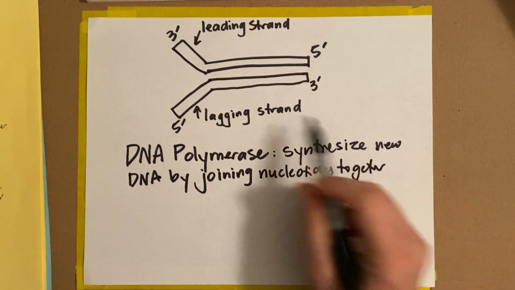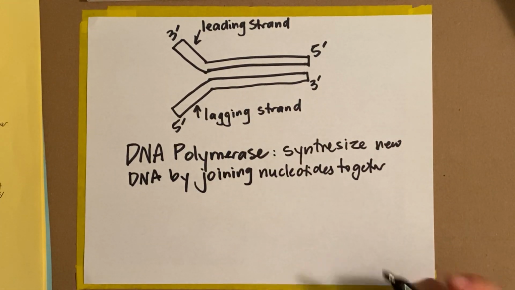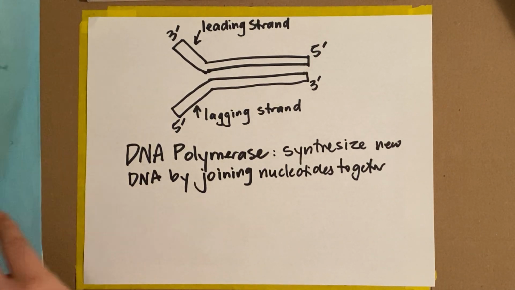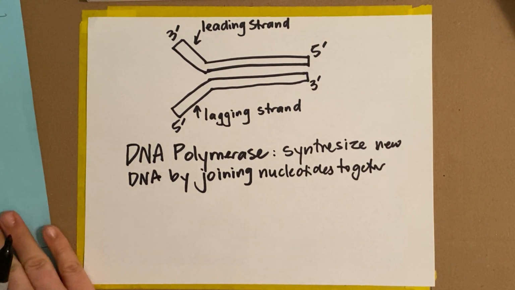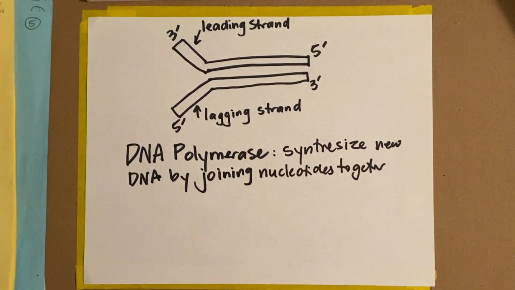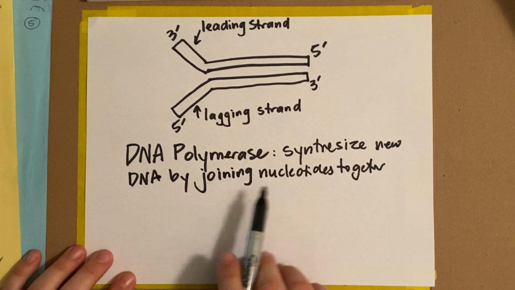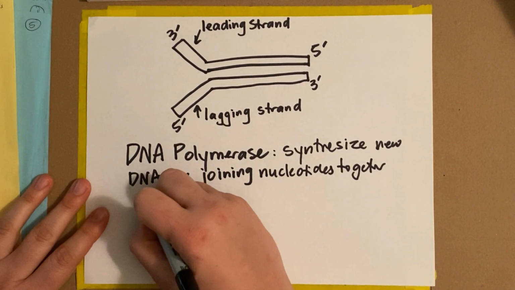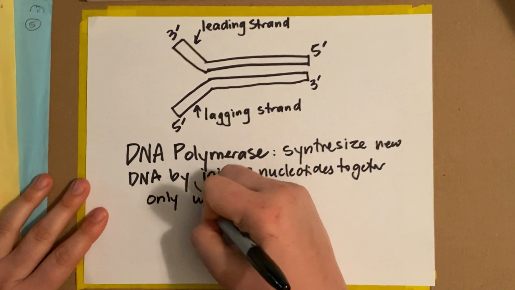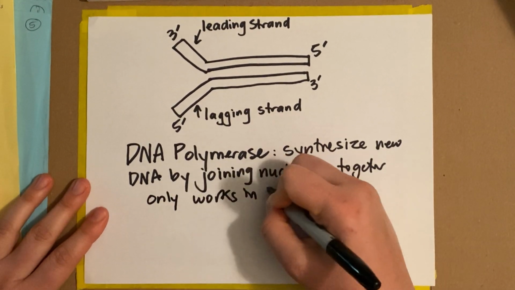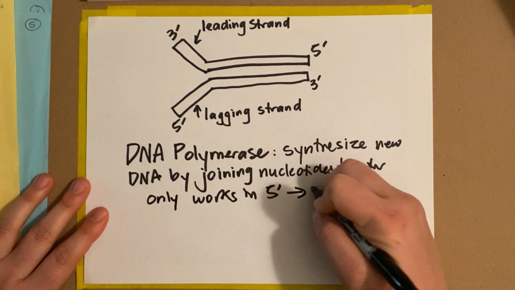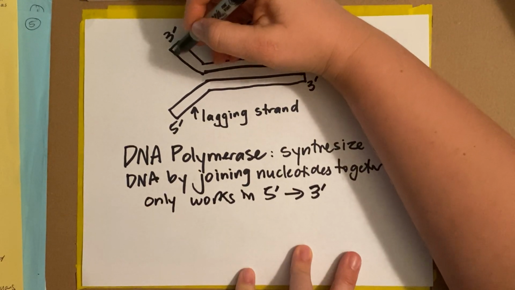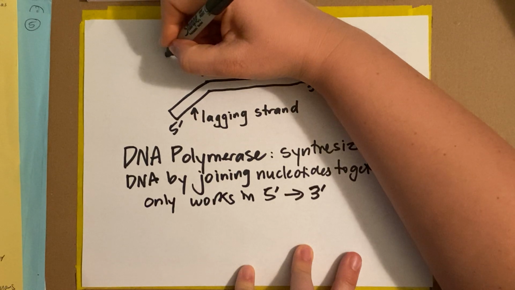Okay, so it's actually going to add on the nucleotides. Okay, and I'm going to show you this in a second with actual letters, so it'll be a little bit easier to see. Okay, and so it joins the nucleotides together, and it only works in a 5' to 3' direction. Okay, so it's this little enzyme that could come in, and it can start adding on new DNA.